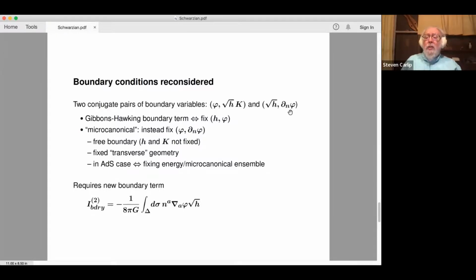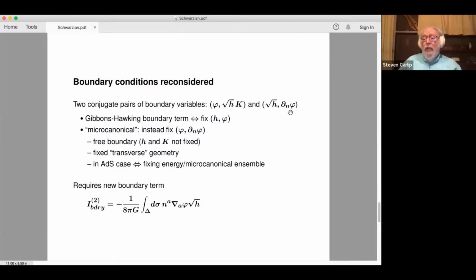But you could instead fix the dilaton and its normal derivative at the horizon. This at first seems unintuitive because you think of a field and its normal derivative as being conjugate pairs, but it turns out that that's not what happens in this theory. Now, what does this mean? It means, first of all, that the metric and the extrinsic curvature are allowed to vary freely.